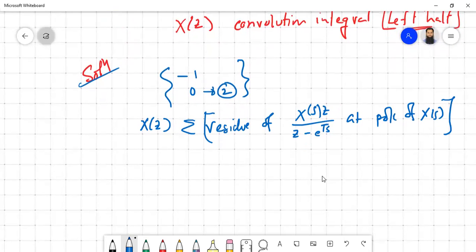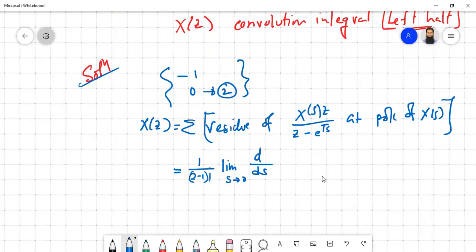Okay, so what we can see so far is that we have a multiple pole at 0. So using that multiple pole formula, 1 by 2 minus 1 factorial, then we have limit s tends to 0. Since the multiplicity is 2, simply d by ds.